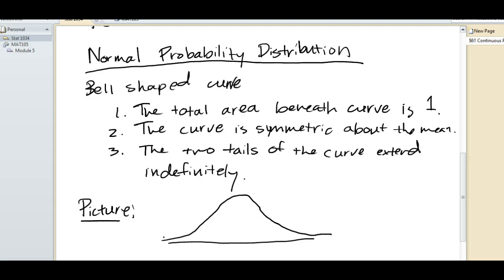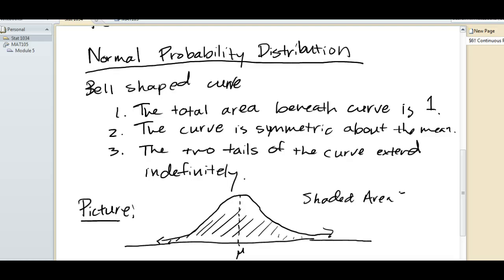These two tails keep going and they approach the x-axis. And if you could somehow shade the whole area, it would exactly equal 1. And it's perfectly symmetric about the population mean mu. So shaded area equals 1. Since the mean is in the middle, if you do each part, you get 1/2 to the left and 1/2 to the right, which is very nice.